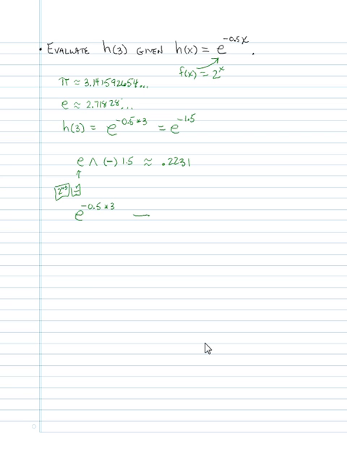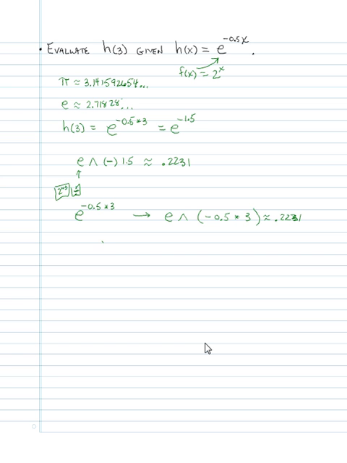The correct way to enter this into our calculator is to get the E value, which is the second and division together, and then put our exponentiation key in, and then enter parentheses, and then use our negative key, not our subtraction key, 0.5, and then our multiplication key, and then 3 and close parentheses. If we did that, we would get the correct answer, and we'd find out that that's approximately 0.2231 again. Of course, that should be the same value.